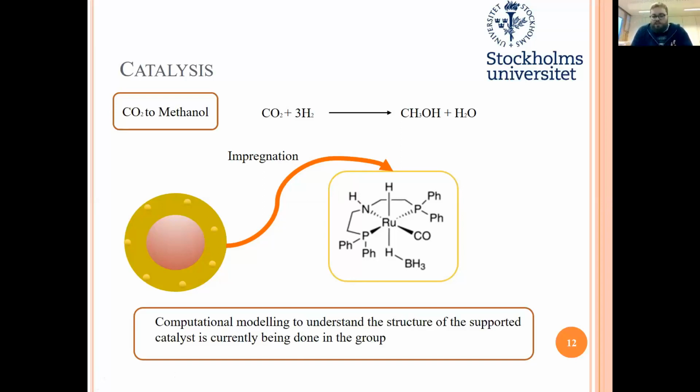But within our research group, we have a person in charge of doing some computational studies on the structure and stability of these materials. So we test the theoretical energy and stability of different forms that this catalyst can have on the surface, and we find the lowest energy one, and that would be the most stable.